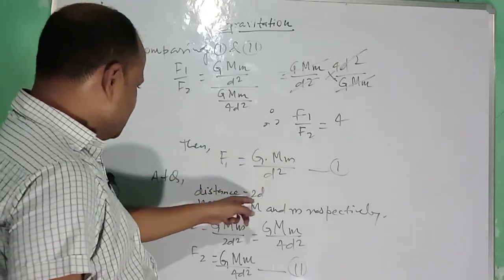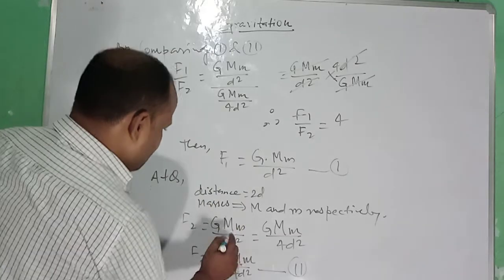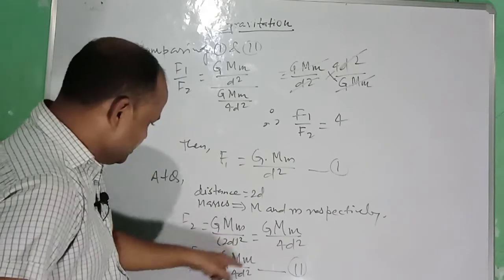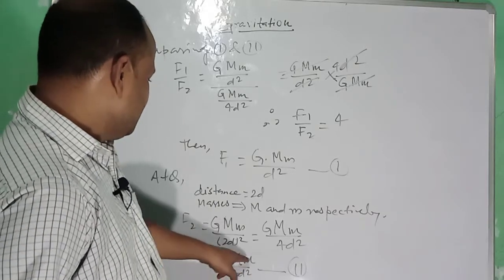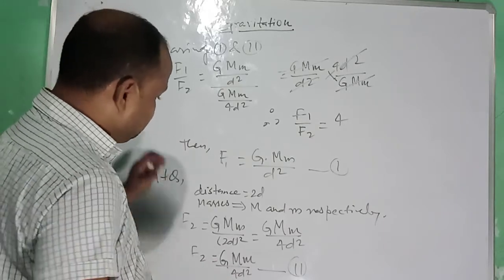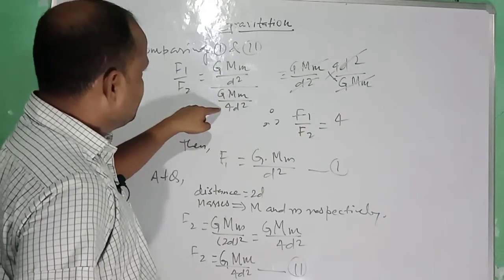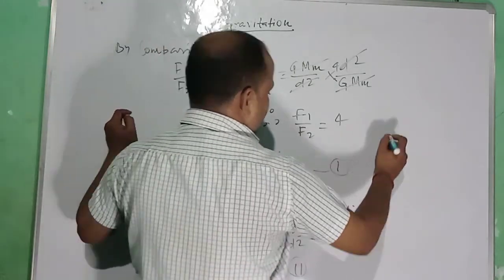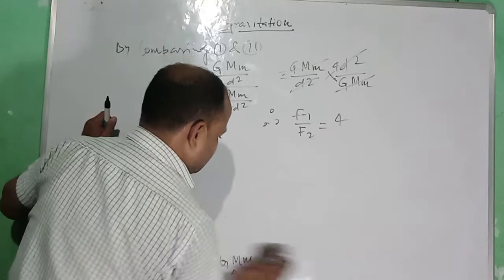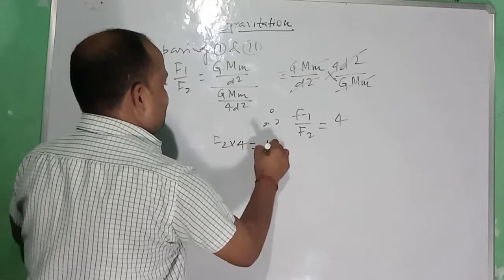G m1 m2 by d square, the distance increased to 2d. Here you make a correction: now it is 4d square, G M m by 4d square. So here what happens now? In conclusion, you can say F2 into 4 is equal to F1.